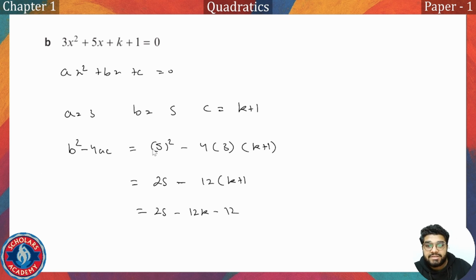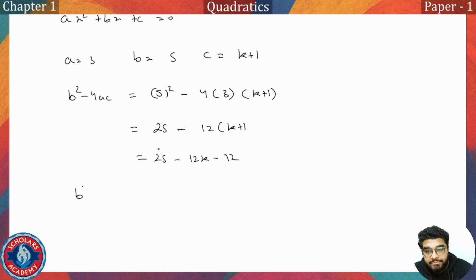So this is the value of b square minus 4ac, and b square minus 4ac should be less than 0 for no real root. It means 25 minus 12, this is equal to 13. So we can write 13 minus 12k should be less than 0.